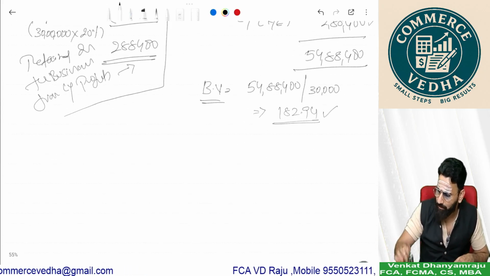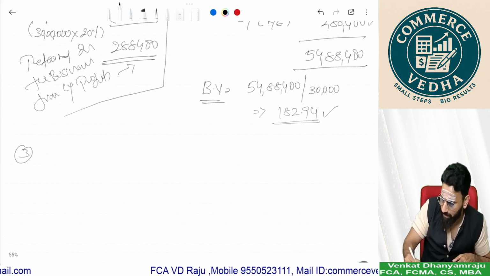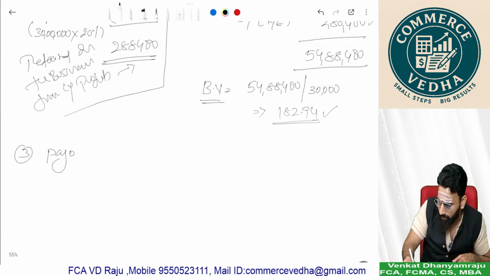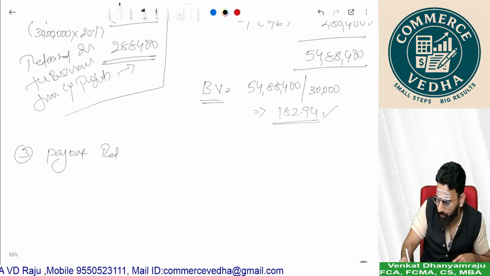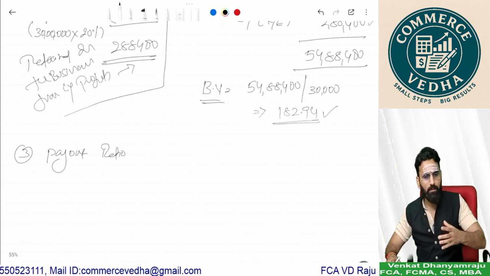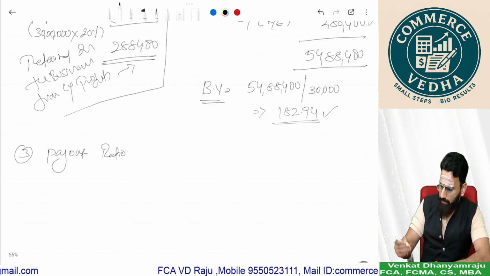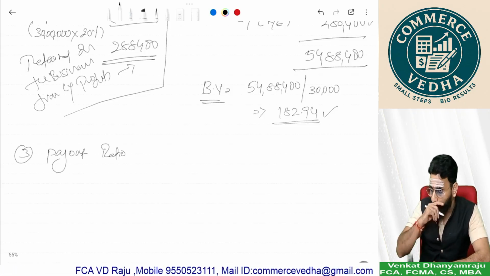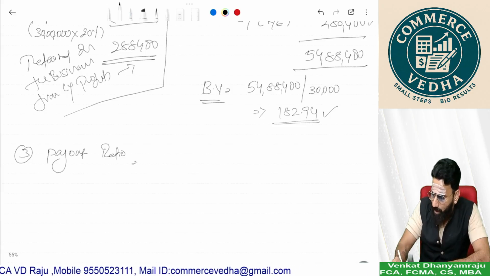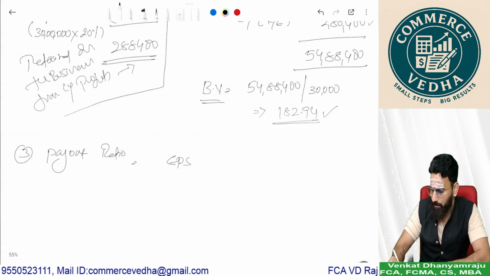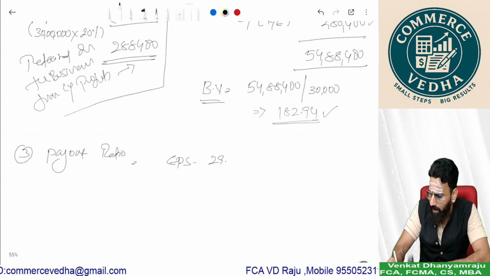Now, the third important point here is payout ratio. Payout means how much profit you paid as dividend. The question here is you pay from EPS. Suppose your EPS in this case is 29.61.